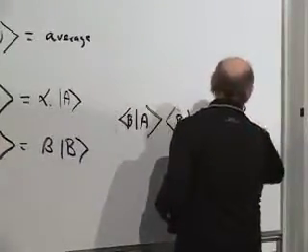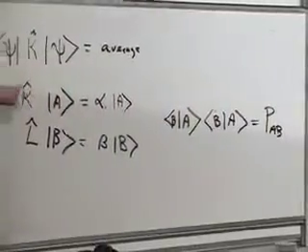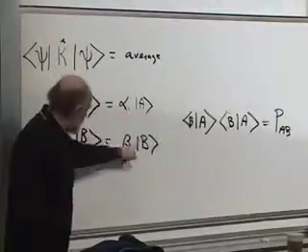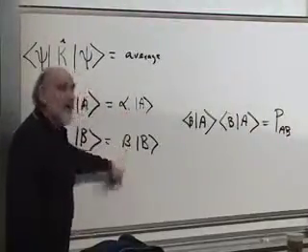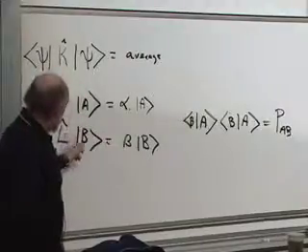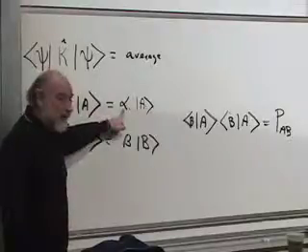We can call it the probability AB. It's the probability, again, that if we prepare the state with alpha and then measure L, that we get beta, but it also happens to be the probability that if we prepare the state with L equals beta and then measure K, that we get alpha. Was that clear?